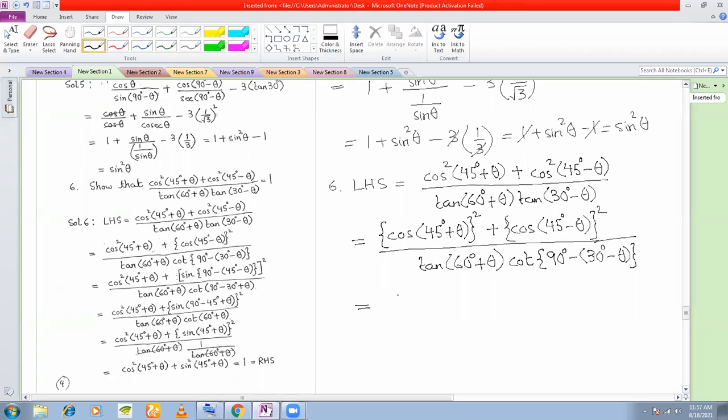Okay, now comes the numerator once again. Now if you see, you have cos 45 plus theta whole square plus cos 45 minus theta whole square. You change either one of them to sine. Let us change the second one, cos 45° minus theta. You can change this one also, no problem. Let us change the other one to sine.